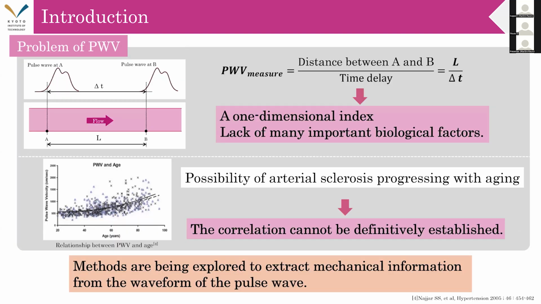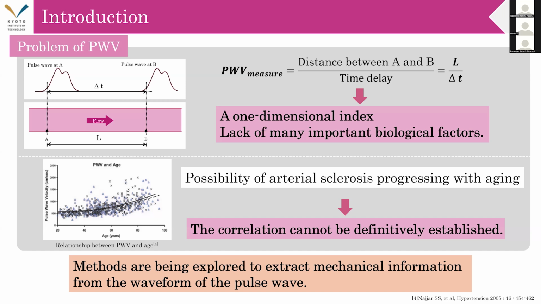Additionally, PWV has several issues. The PWV obtained by dividing the distance between two measurement points by the time delay represents the average velocity between these two measurement points. In other words, PWV is a one-dimensional index and does not consider many other important biological factors.